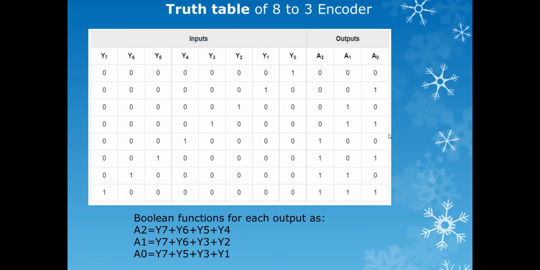Consider the output A0. It will be 1 in the following places, so consider the following input lines: Y7 plus Y5 plus Y3 plus Y1. So the A0 expression equals Y7 plus Y5 plus Y3 plus Y1.